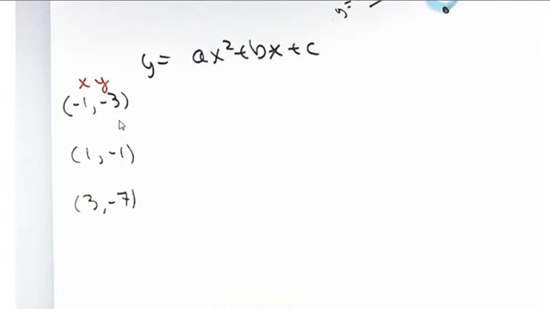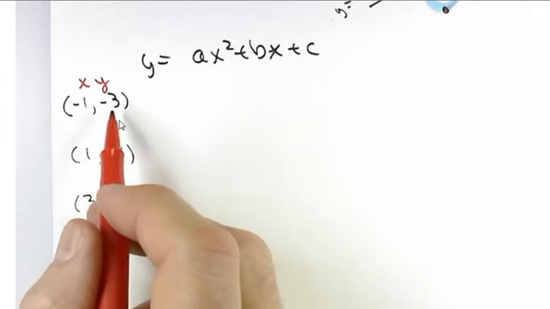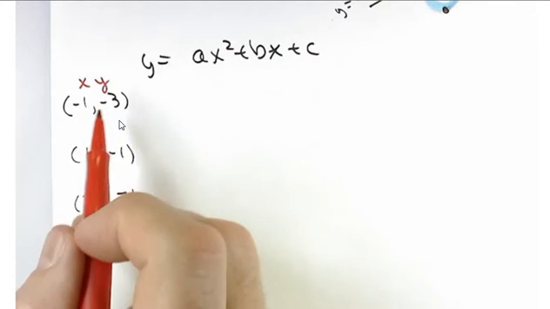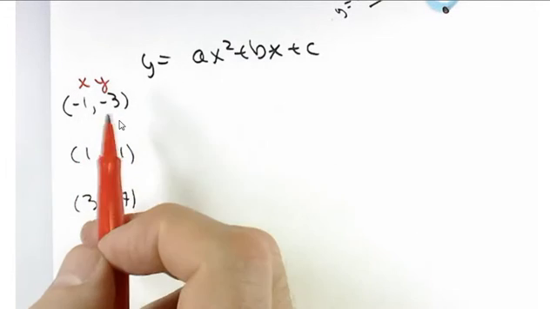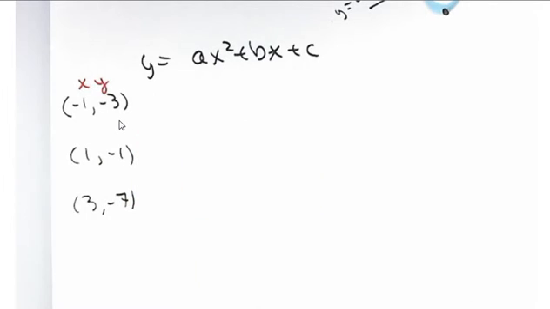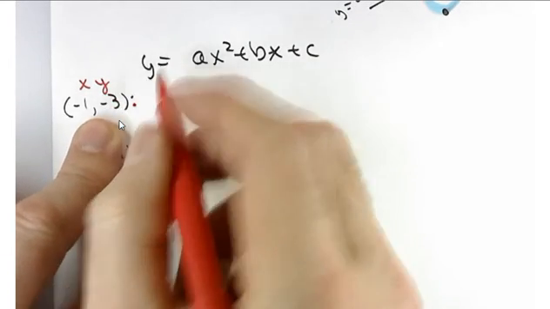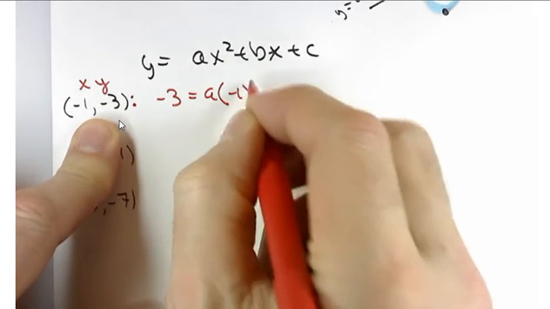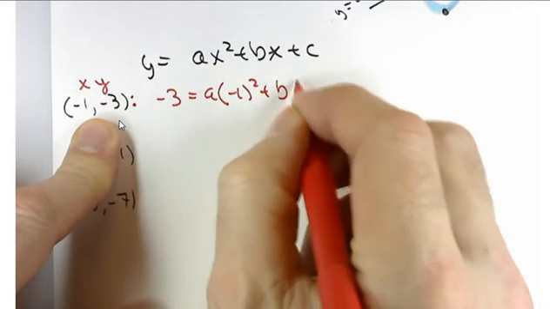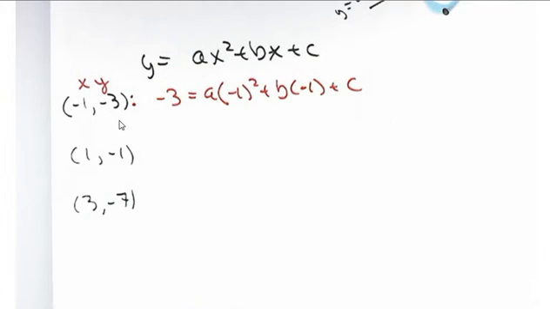Let's keep in mind that this is your x-coordinate and this is your y-coordinate. And if this is a point on the parabola, then it fits in this equation. I can plug it in. So if I plug this in to this equation, it would look like this: -3 equals a times -1 squared plus b times -1 plus c. So that's the first equation I get.